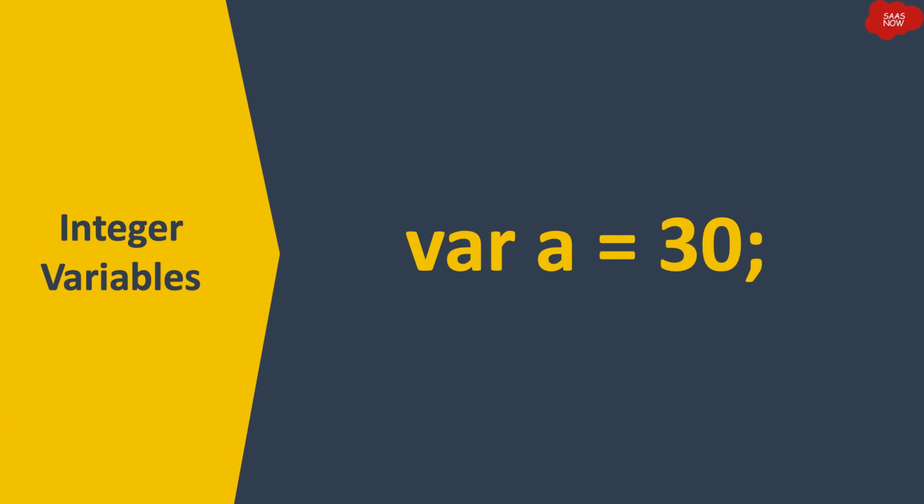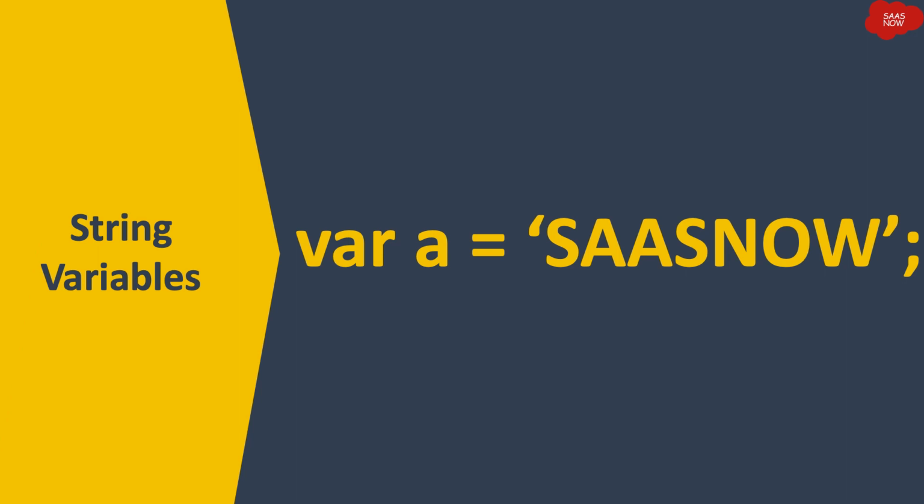In this example, a is a variable and 30 is a value, which is an integer value. So overall, a will become an integer variable. You also have a string variable in JavaScript. In this example, a is a variable and then you have this value which is a string. So then a becomes a string variable.